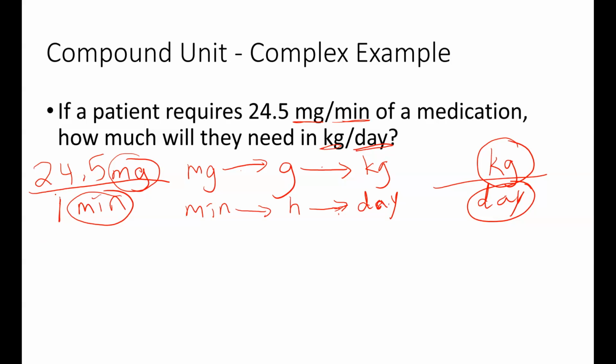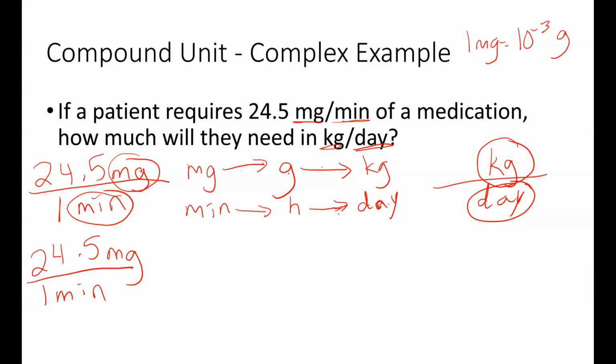So I'm going to start with my 24.5 milligrams per 1 minute. From milligrams to grams, I need to identify what my conversion factor is here. Between milligrams and grams, 1 milligram is equal to 10 to the negative third grams. Between grams and kilograms, 1 kilogram is 10 to the third grams.